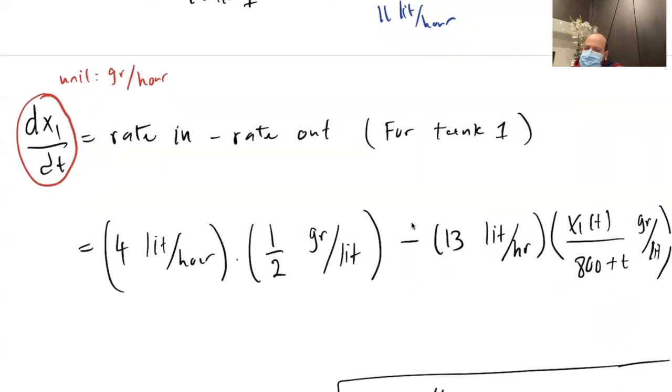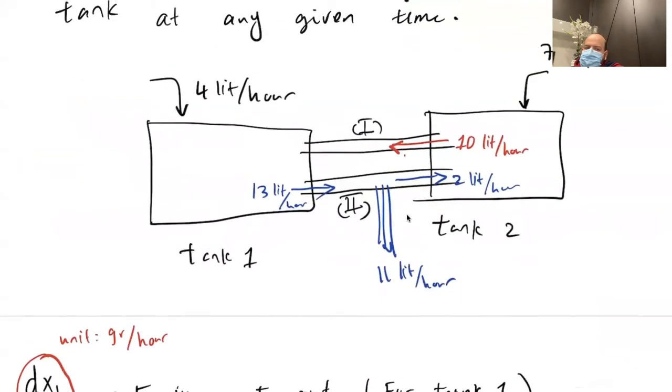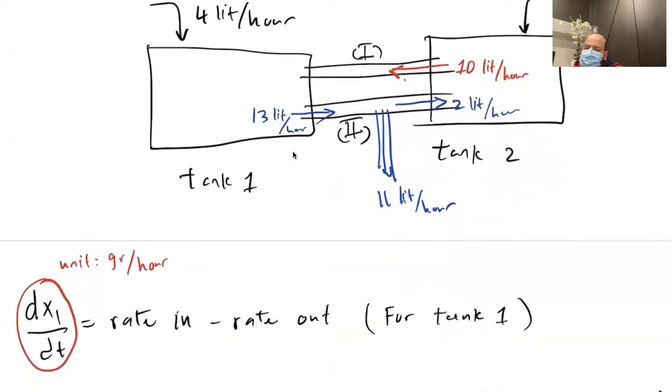So the salt water goes out of tank 1, but see, we included this part where salt water comes in, and we included this part where the salt water goes out, but there's also one more part through pipe 1 where the salt water goes in. Because it goes in, it will have a plus sign.